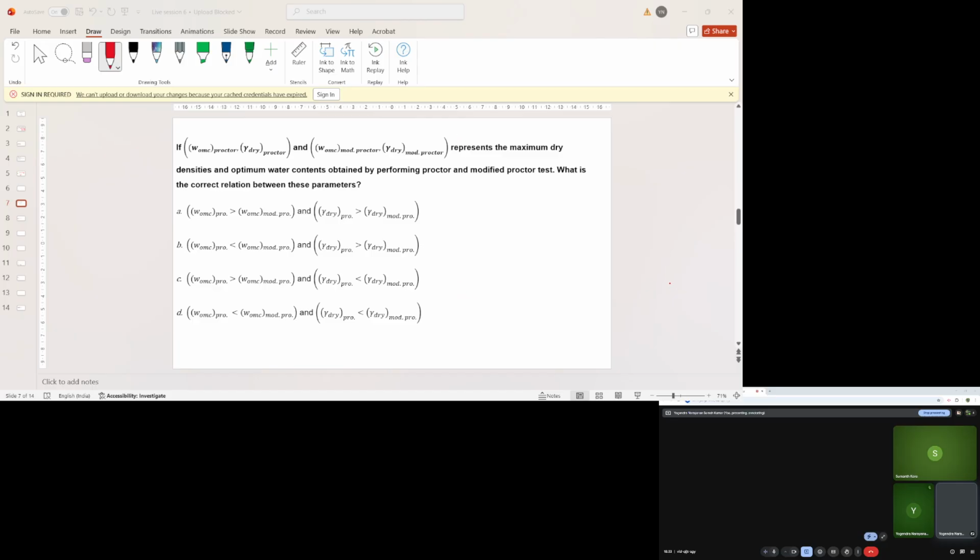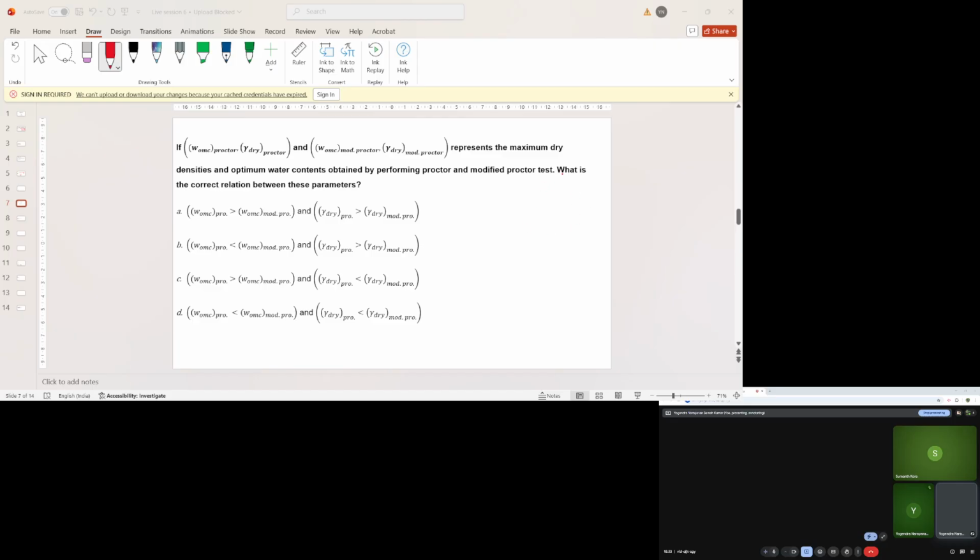Now let us plot the compaction curve for each one. So what is the x-axis? It's going to be gamma D. And the y-axis is OMC, moisture content. Now this is the compaction curve, which is usually a smooth curve.